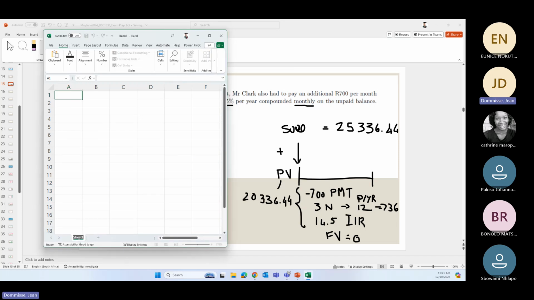So we are working out a present value. This is question 2. When I share it, we had the PMT, we had the N, then the times per year so that we have the total periods, interest per year, but then interest for the periods.